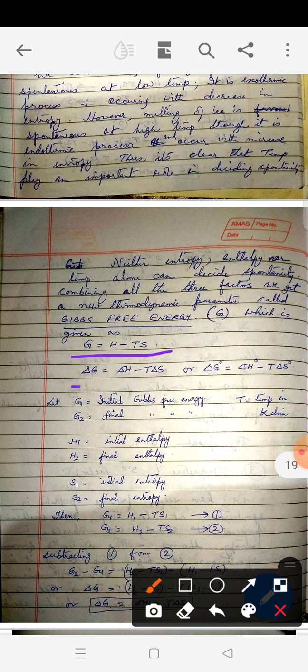So delta G equal to delta H minus T delta S, or delta G naught equal to delta H naught minus T delta S naught, can be asked to derive. So derivation is quite simple.